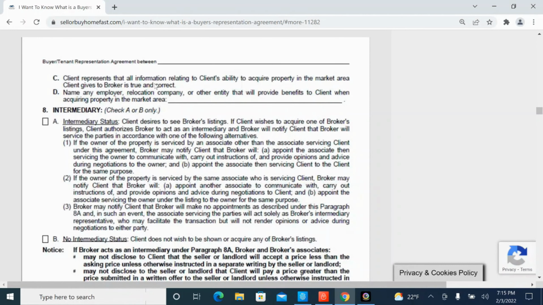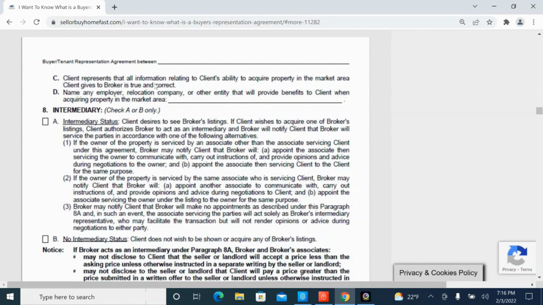Now, when these buyer's representation forms are filled out, an agent will typically check off A, and the reason is because if the agent has a lot of listings with the particular broker they work with, a lot of times if you are shown those properties, and let's say you saw the third property and you are very interested in placing an offer, then this will put that property in an intermediary status.